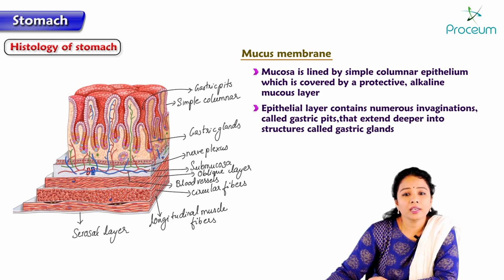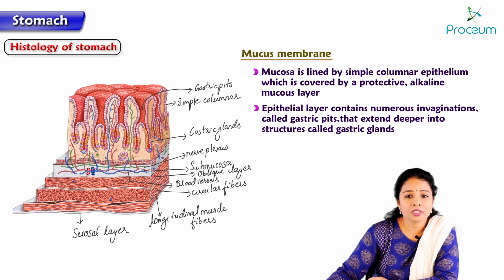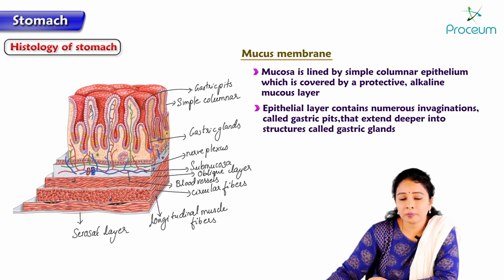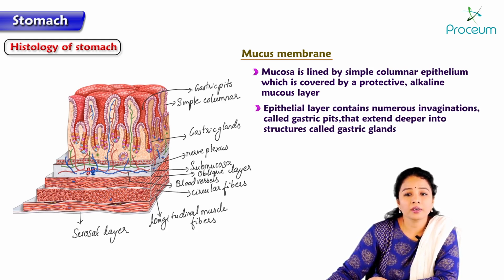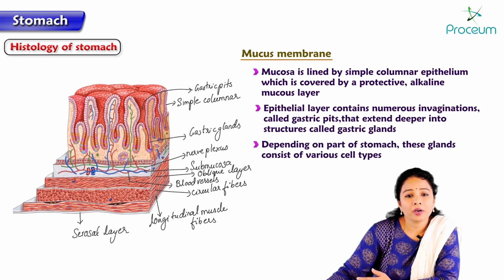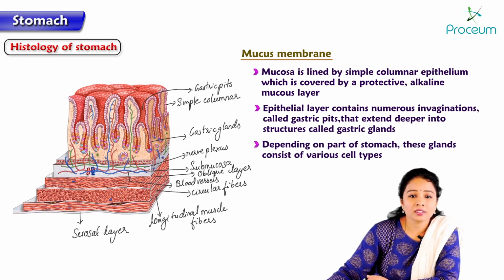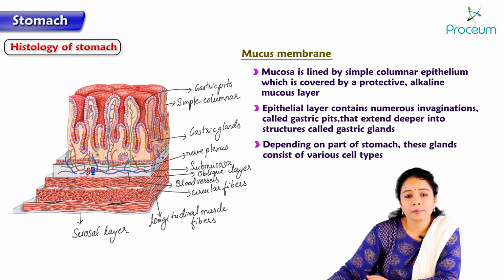The epithelial layer contains numerous invaginations called gastric pits that extend deeper into structures called gastric glands. And depending on the part of the stomach, these glands consist of various types of cells.